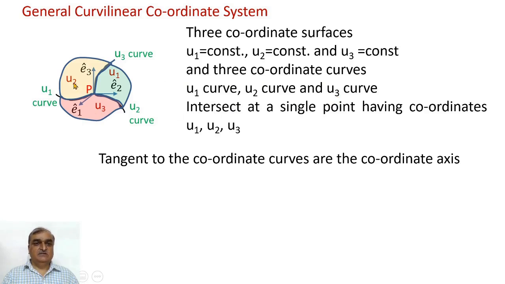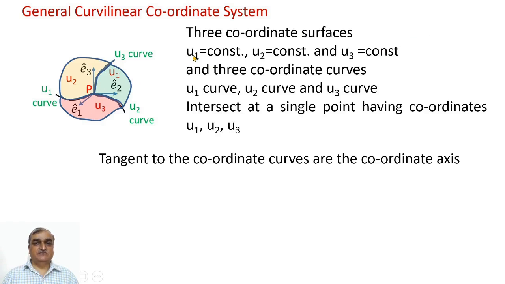The curve intersecting the u2 surface and u3 surface is the u1 curve, along which only the u1 coordinate varies. The curve intersecting the u1 and u3 surfaces is the u2 curve, along which only u2 varies, and the curve intersecting the u1 and u2 surfaces is the u3 curve, along which only u3 varies.